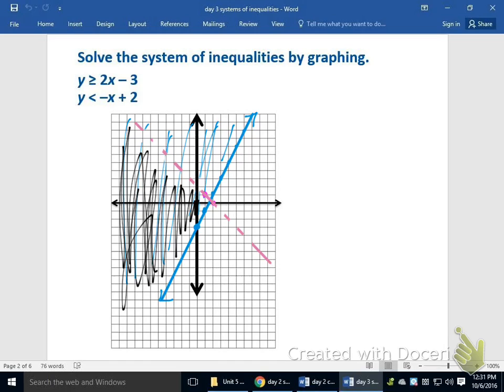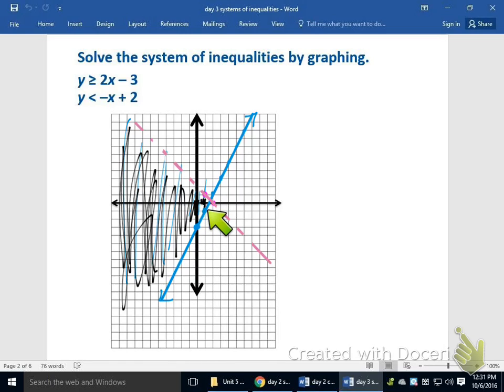And now I know that any point within that region is an answer. So I'm going to go back and erase this extra shading I had going on where it did not overlap. Now anything that's highlighted right here in the shading is a solution. For instance, negative 3, 0 is a solution. Any of these points are solutions.